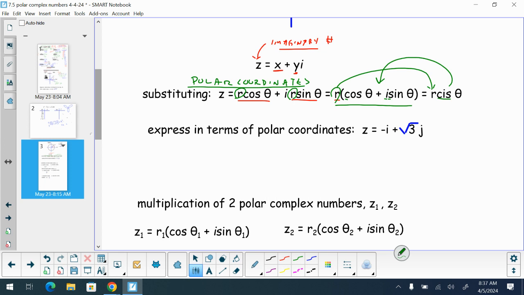Yeah, no. I'm going to take the j out, and I'm going to rewrite this as square root of 3 plus a negative i.